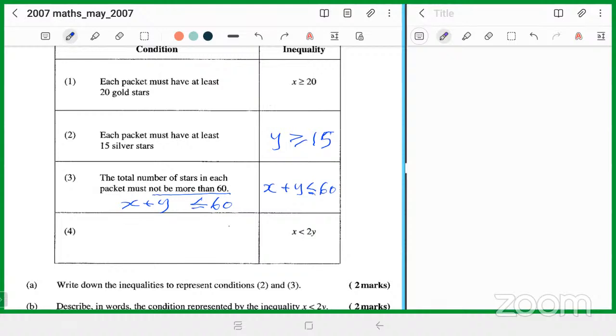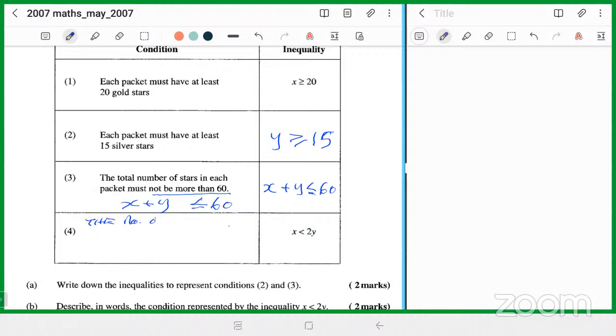Understand? Yes, sir. Good. So for this one, what you said is correct, and you get the marks. But X is the number of gold stars. Because I don't have enough space, I'm going to write NO for number.